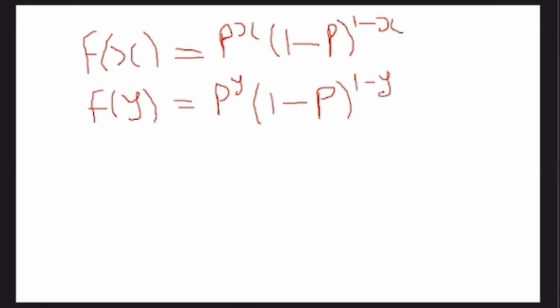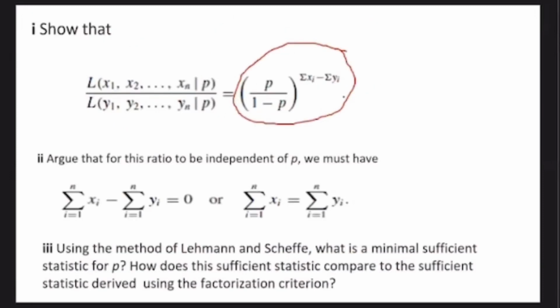I want to use the idea of the Lehmann-Scheffé factor, so the next thing I'm going to do is find the likelihood, because Lehmann-Scheffé is talking about the ratio of the likelihoods, but the one in the numerator has to be the one that has to do with x, and the denominator has to be the one that has to do with y.